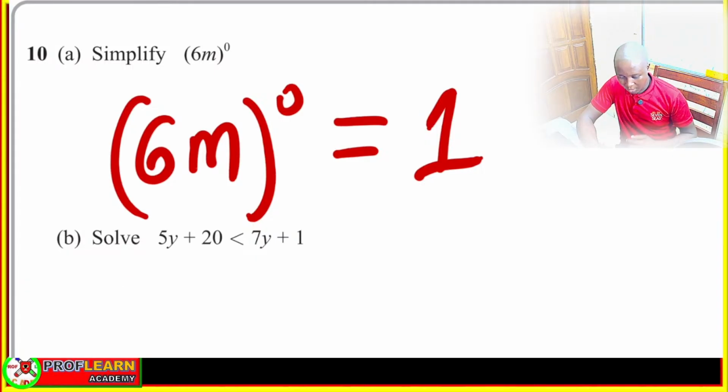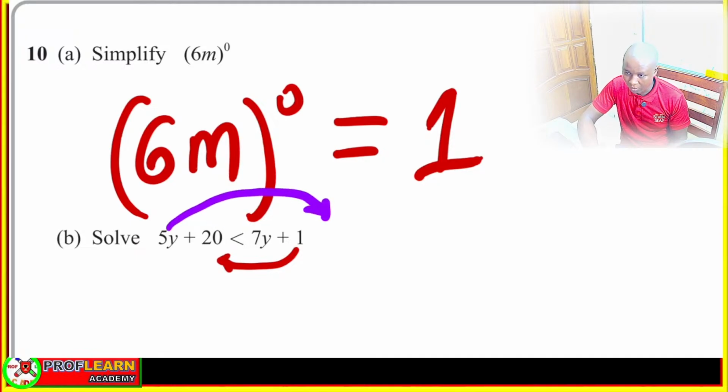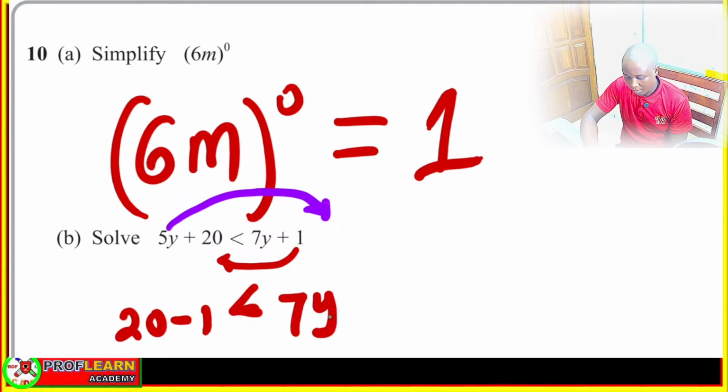Okay, I'll take the inequality. I'll take 1 on this side, and I'll take this 5 on this side also. Then we end up having 20 minus 1 is less than 7y minus 5y.